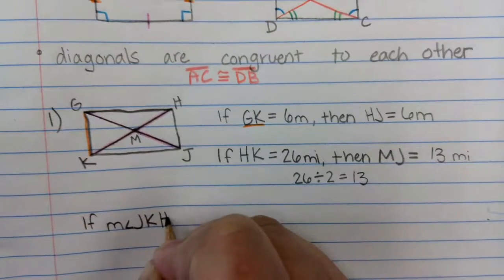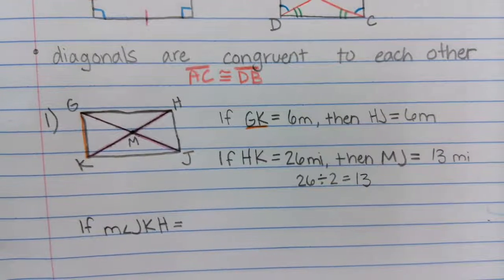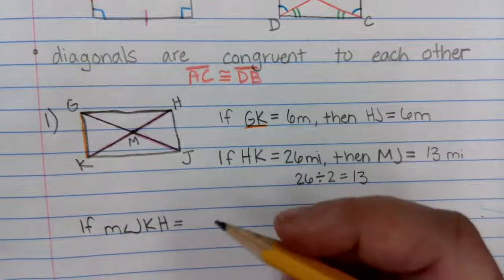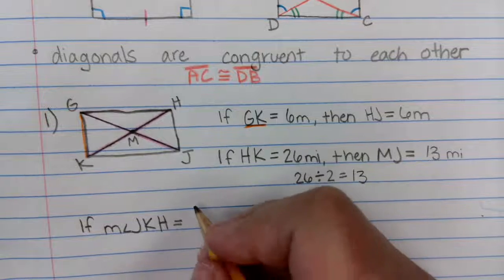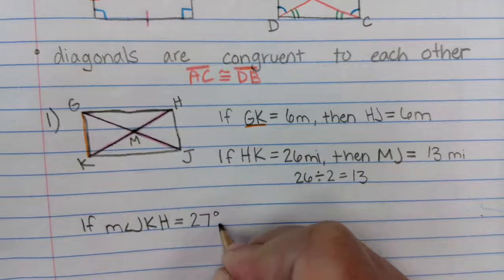Then the measure of angle KGM equals, and we're going to have to find that out.